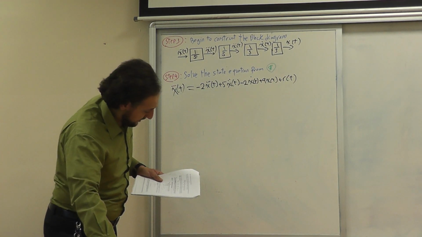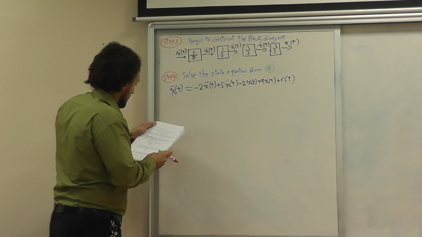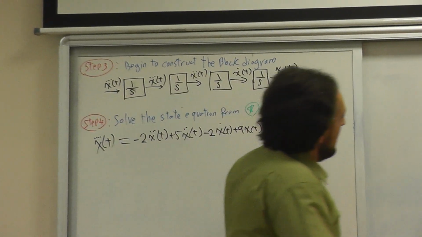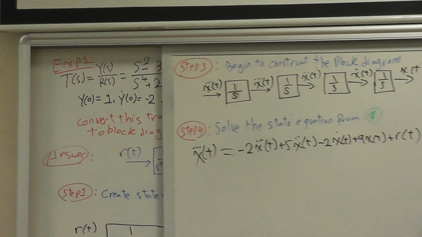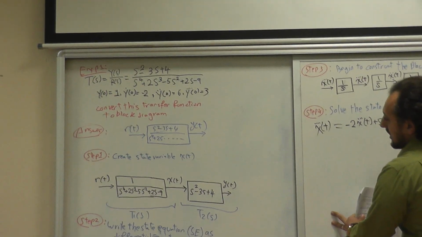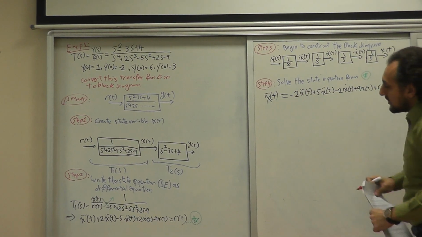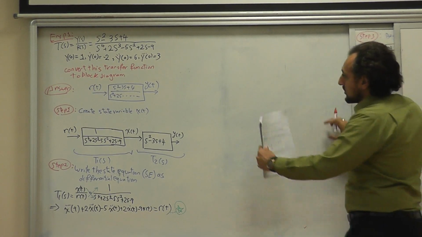Step number 5. Actually, I mean before step number 5, I will try to draw the block diagram here with this equation, but I don't know where is the best position. Is it here? Let me draw it.